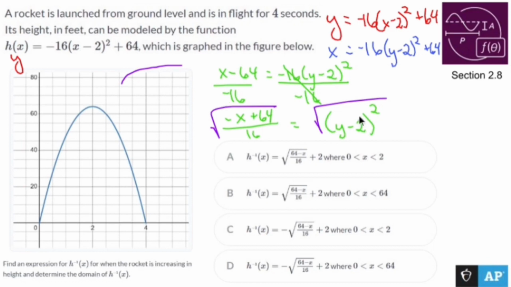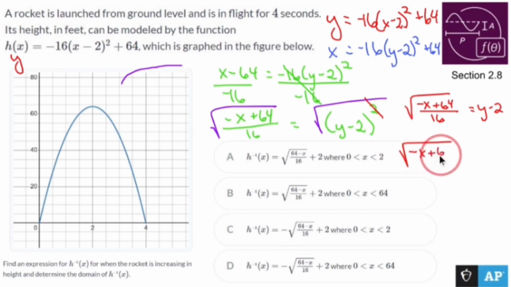What that does is I now have the big square root of (negative x plus 64) over 16 equals, these guys cancel out, y minus 2. Add 2 to both sides. Let's see how they want me to write it. I have the square root of (negative x plus 64) over 16 plus 2 equals y.